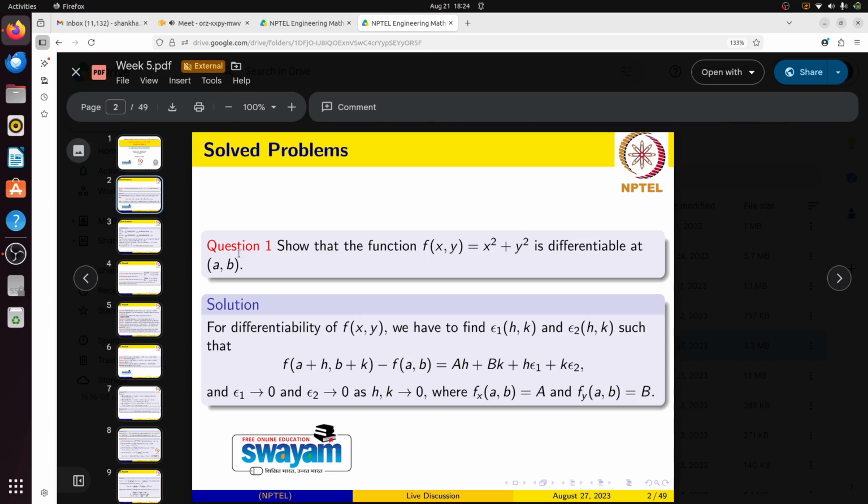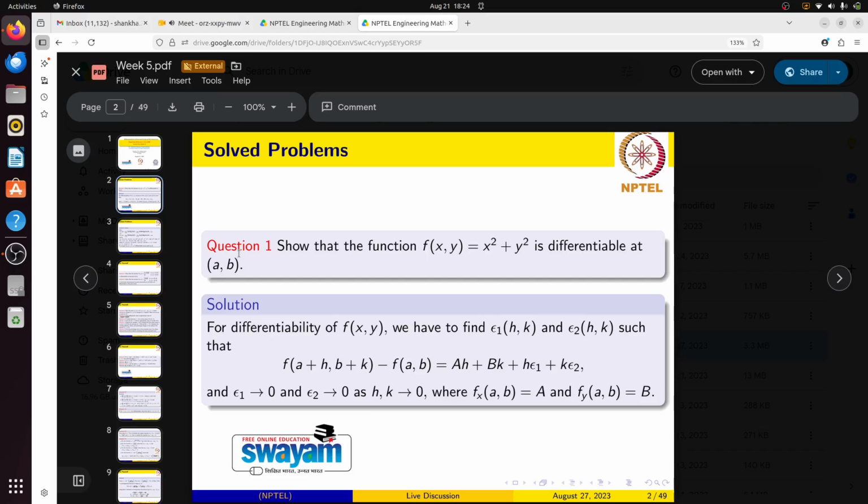For differentiability of f(x,y), we have to find epsilon 1(h,k) and epsilon 2(h,k) such that f(a+h, b+k) minus f(a,b) equals Ah plus Bk plus h epsilon 1 plus k epsilon 2.